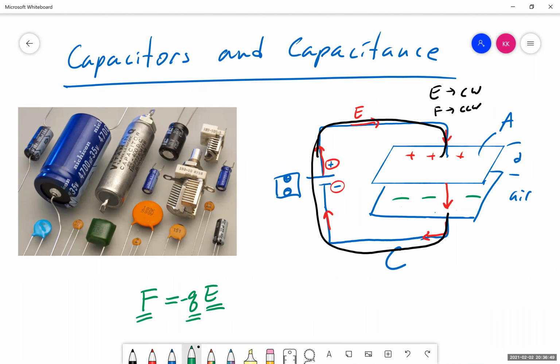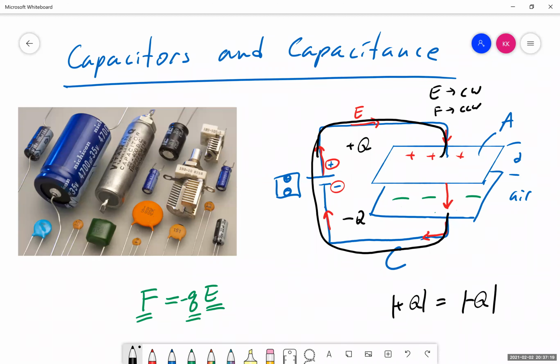That's because I'm taking a certain amount of electrons from the top plate and moving them to the bottom plate. So when I write plus Q and negative Q for the top and bottom plates, it's exactly the same amount. Why? Because, let's say, I took 100 electrons from the top and moved them to the bottom plate.